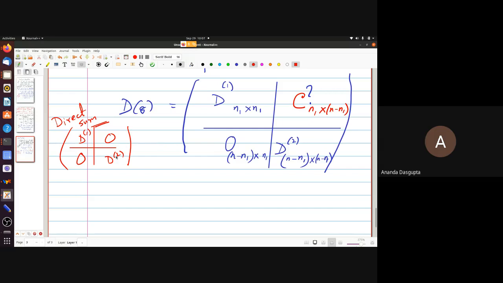I find that if you do this, you are going to get a form for the matrix representation which resembles a direct sum form, but not exactly, because there's a non-zero C sitting here. These of course will depend on G, and this C will also depend on G. Now I will leave this as an exercise.